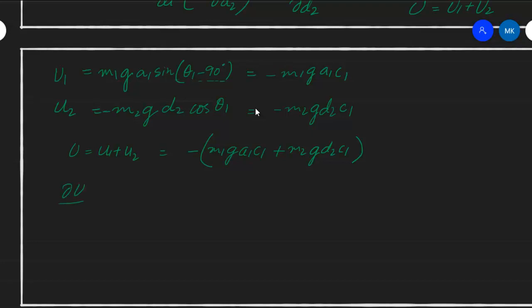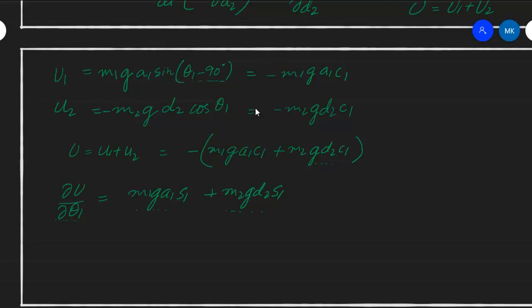dou U by dou theta 1 is equal to m1 g a1 sine of theta 1 plus m2 g d2 sine of theta 1, because both of these vary with respect to theta 1, and this d2 varies with respect to d2 and theta 1. So in this case, dou U by dou theta 1 will have both components.